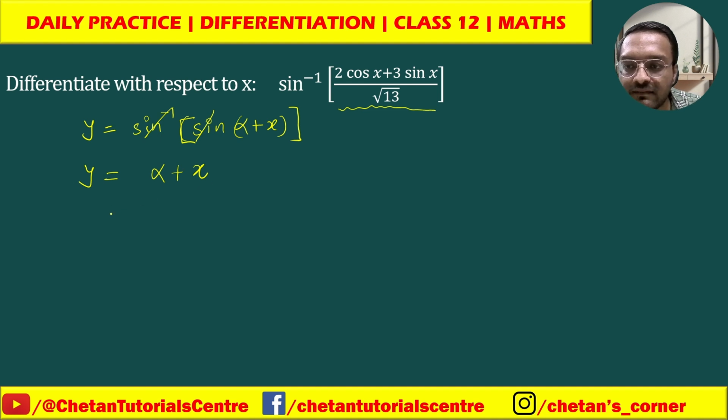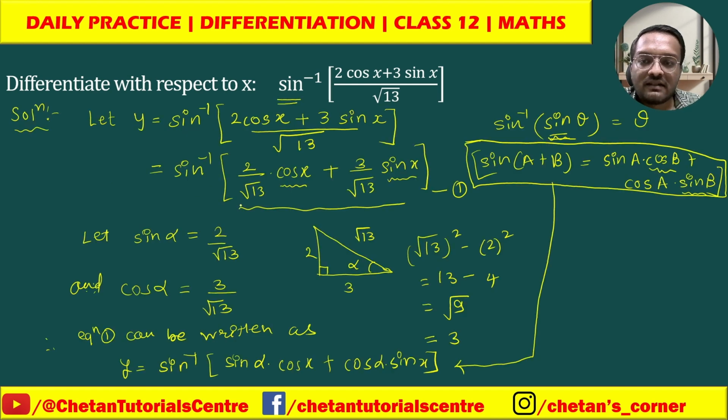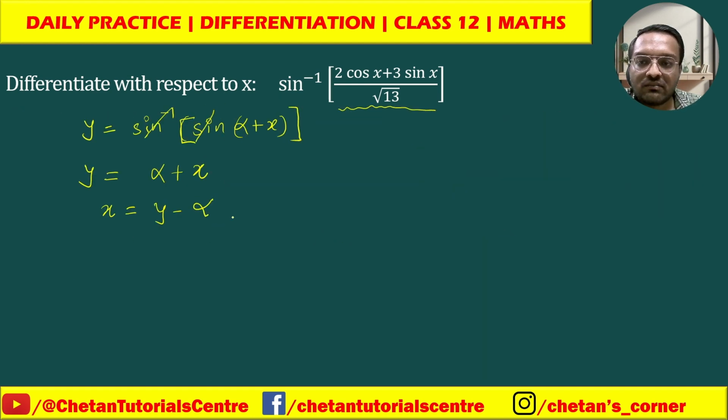Now I will turn this function of x into a function of y. I will shift this alpha to the other side. Then I get x is equal to y minus alpha. I will denote this as equation number 2. Then differentiate the above equation 2 with respect to y.